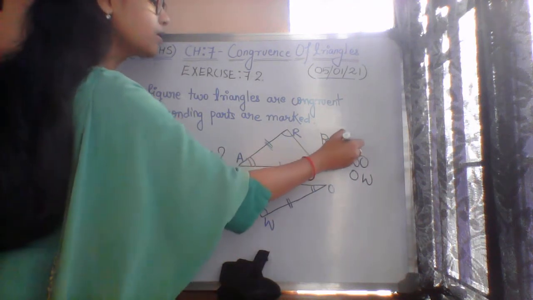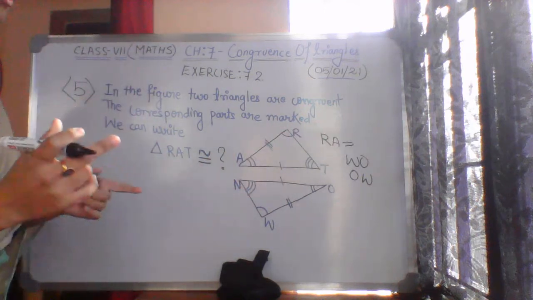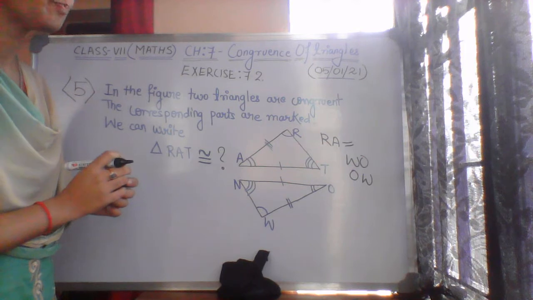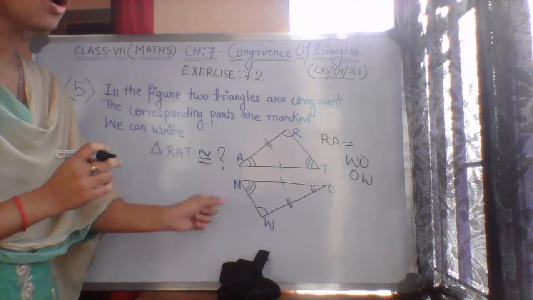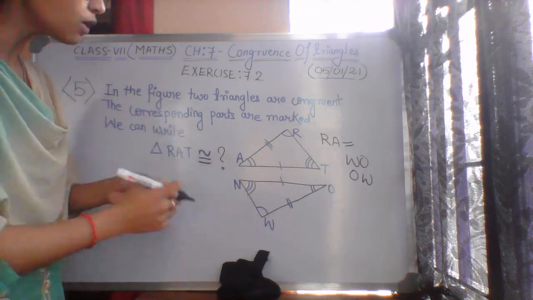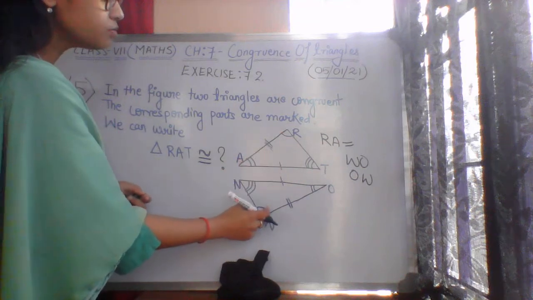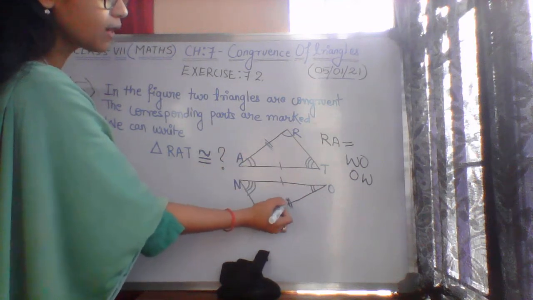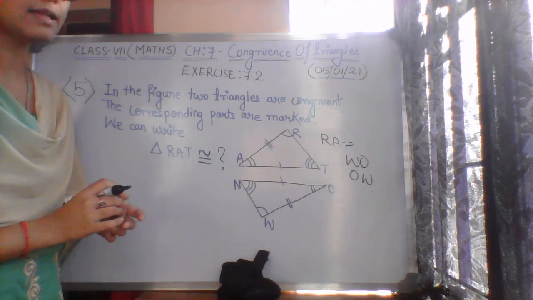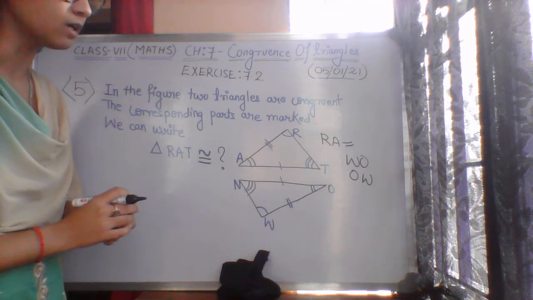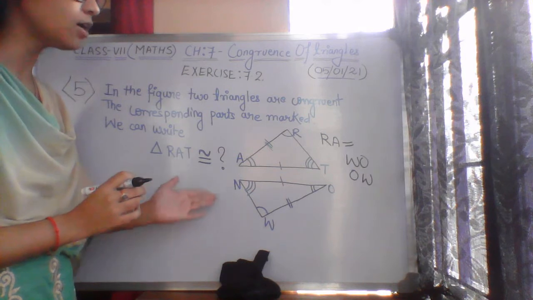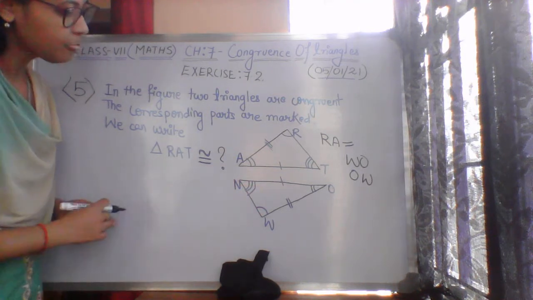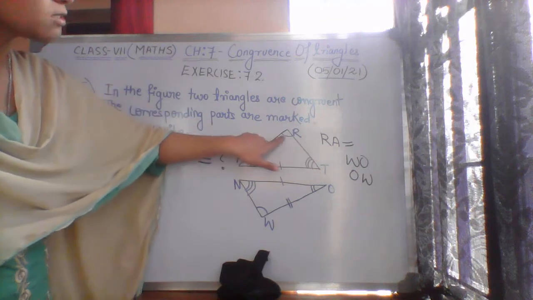But which one to write for RA, WO or OW? We know AR equals WO because they are denoted by double line. They have marked already that they are equal. But I will write in order.